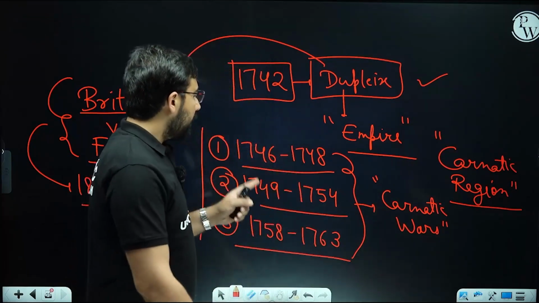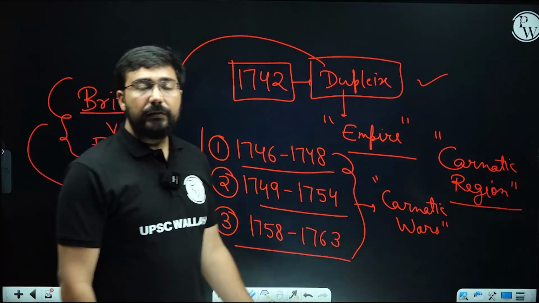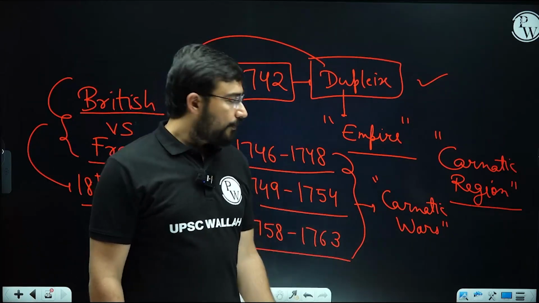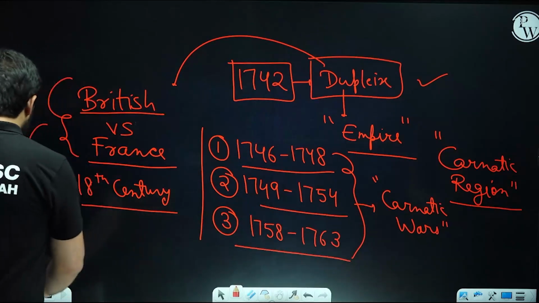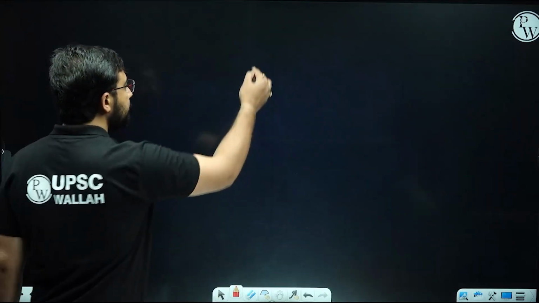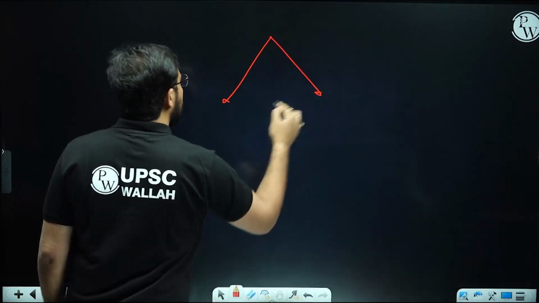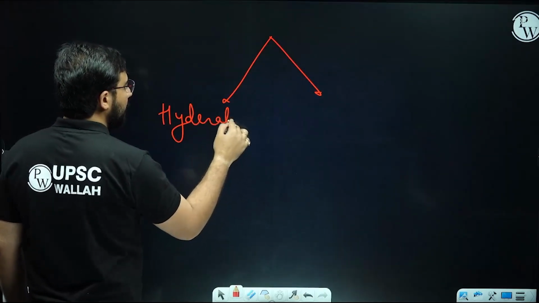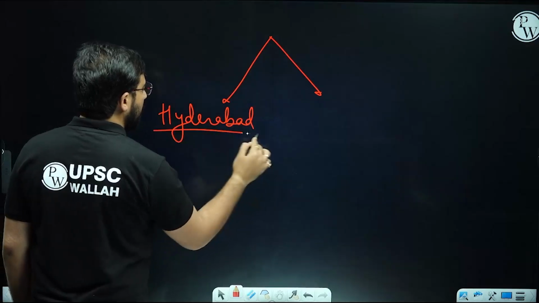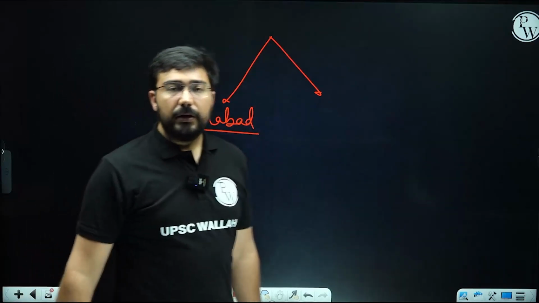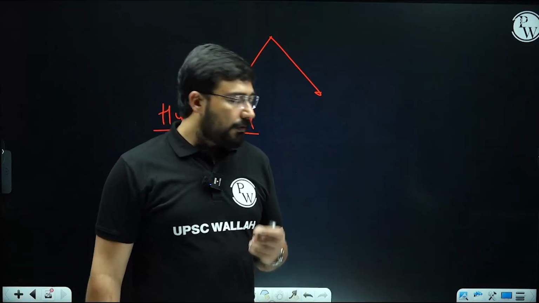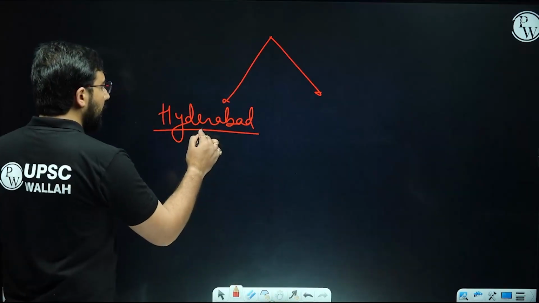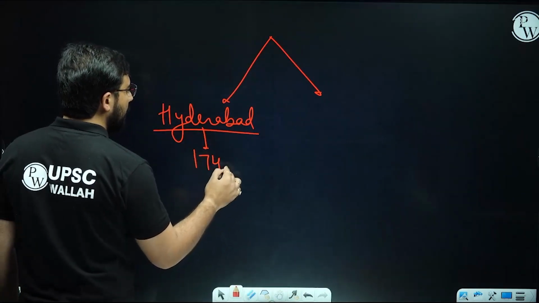The second war, 1749 to 1754, is very, very important for us. This war had shown the decay in India. What has happened? One of the important states which developed after the decline of the Mughals was the state of Hyderabad. The state of Hyderabad used to be under the control of Nizam al-Mulk Asaf Jah. Asaf Jah died in 1748.